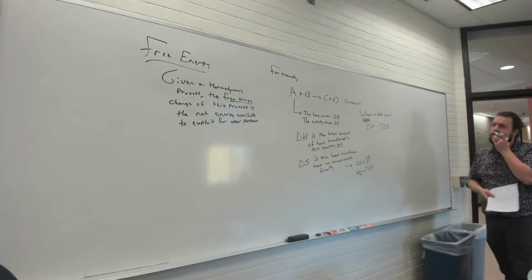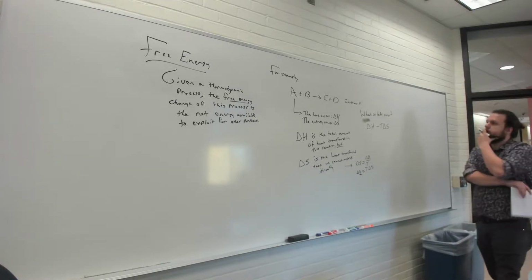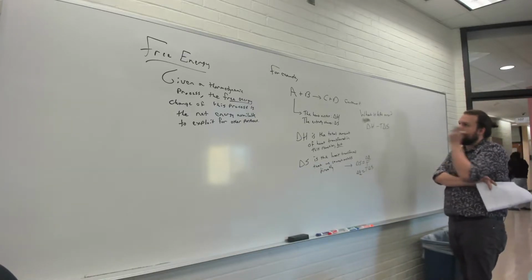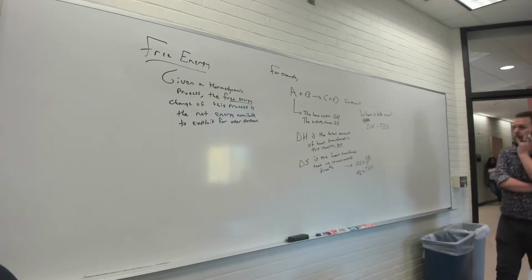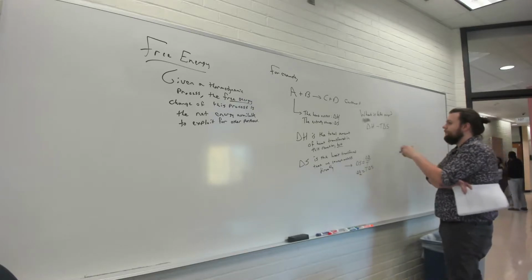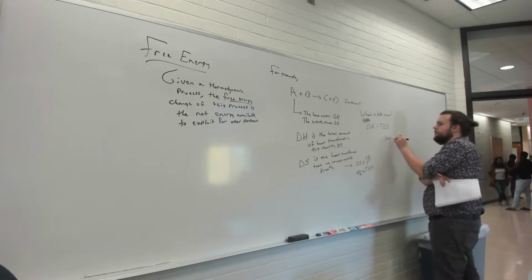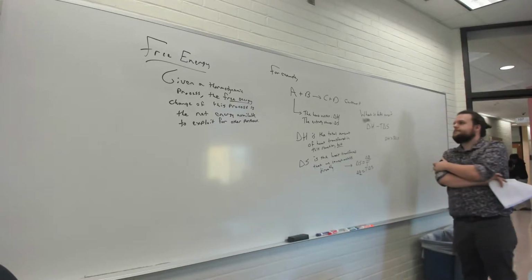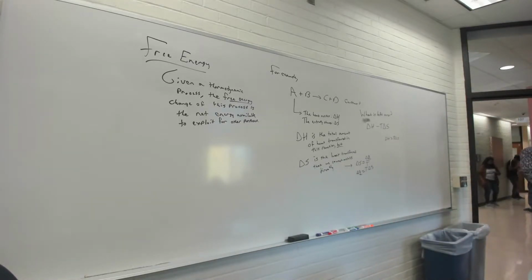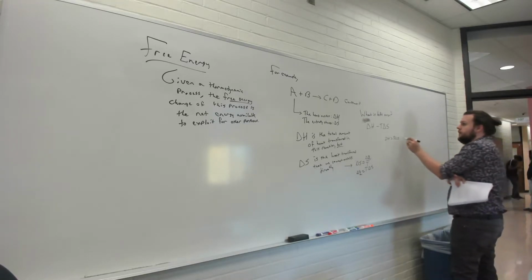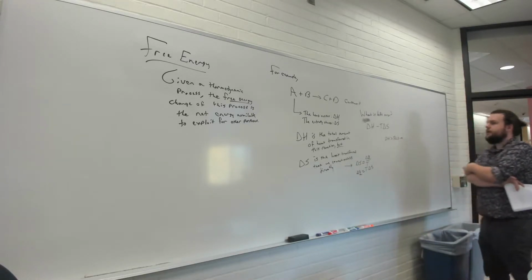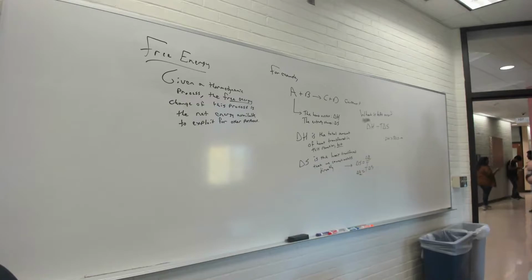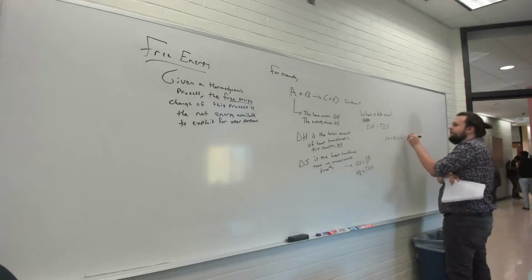Let's think a little bit about what the sign of this can be. If delta H is greater than T delta S, then this number is positive, which means that there's some leftover energy, some positive energy remaining.